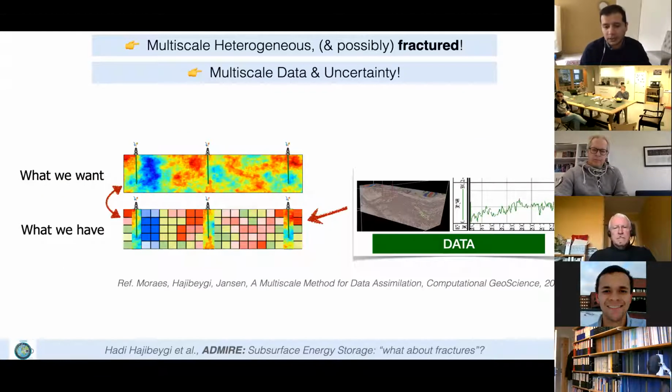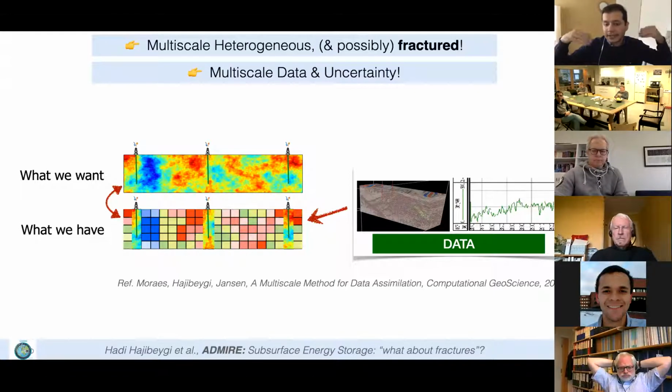The second is about uncertainty. We don't know how the subsurface formation really looks like. And especially the data that comes with it is not really perfect. It comes with a multi-resolution nature, which means that the data that we acquire from the subsurface comes from different sources: well logs, electromagnetics, and fiber optics sometimes, and then field surveys.